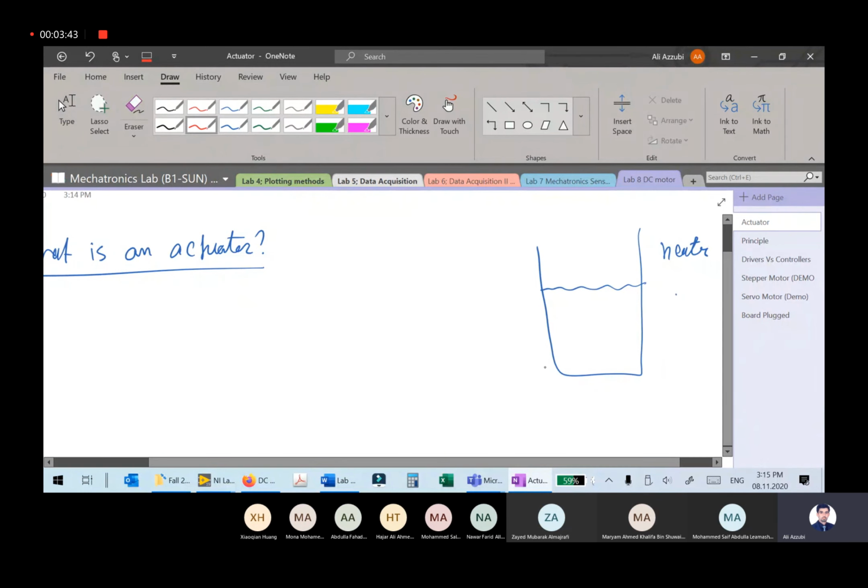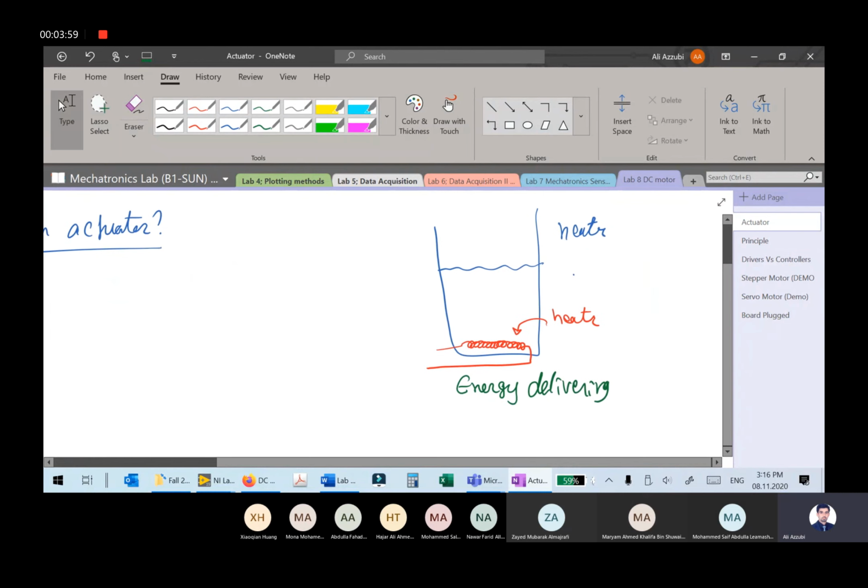To heat the liquid, inside the mug you may have some heater coil, like this. So this is the energy delivery component, which is a heater coil.